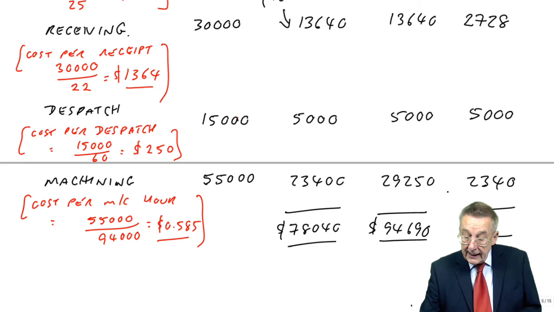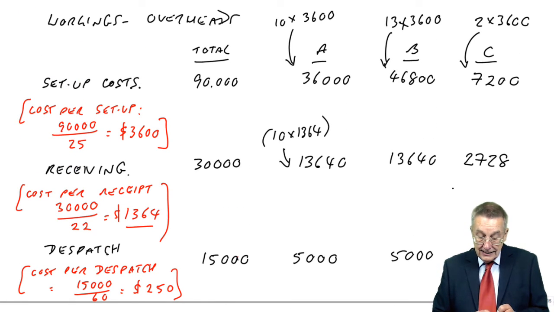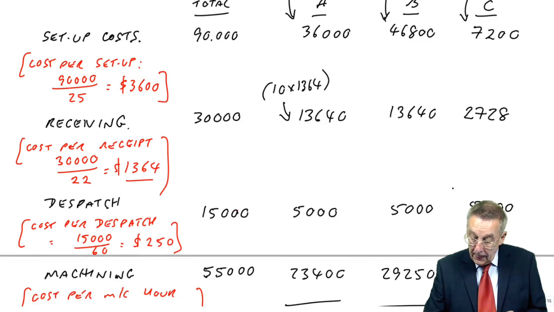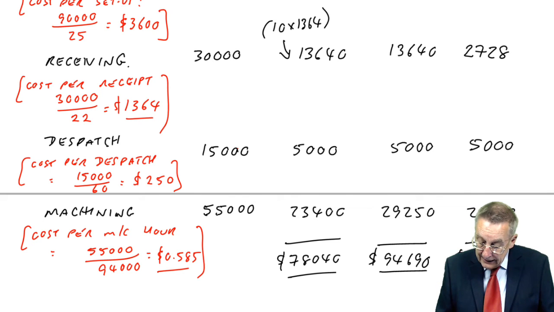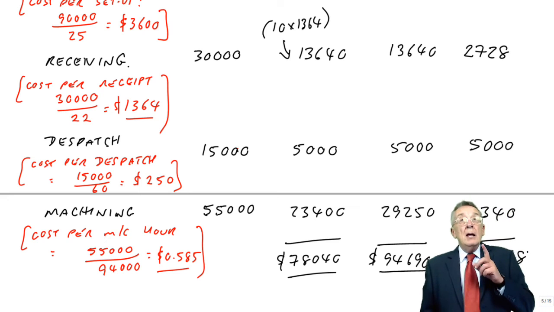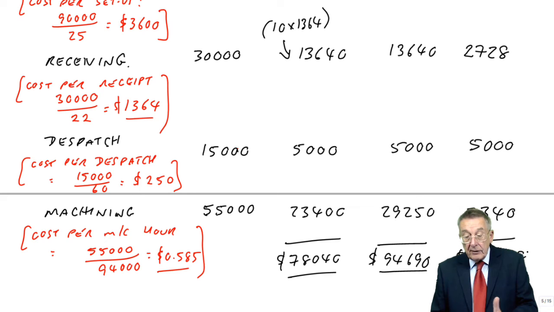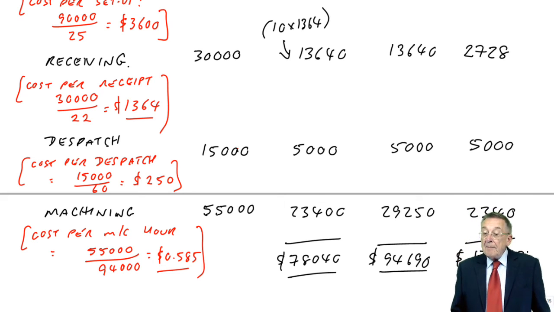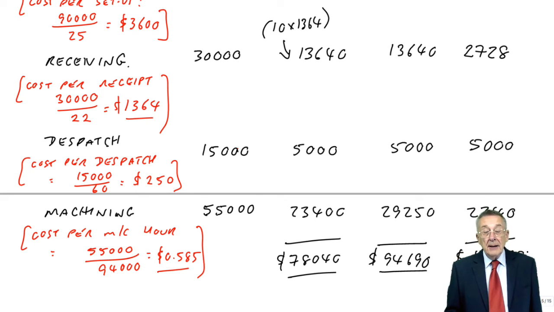And finally, for product C, $17,268. We're virtually there, but remember what I've done, forget the little bit of rounding difference. What I've done is split the total overheads now between the three products.